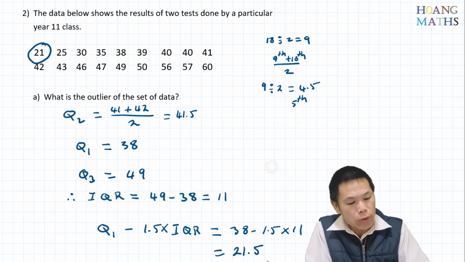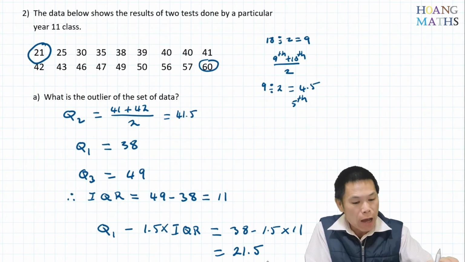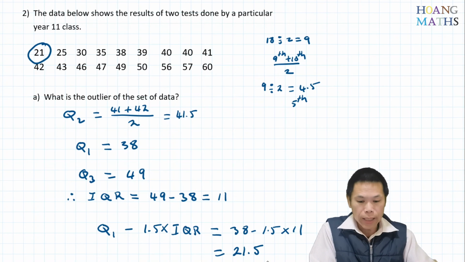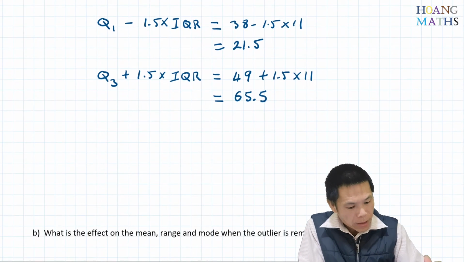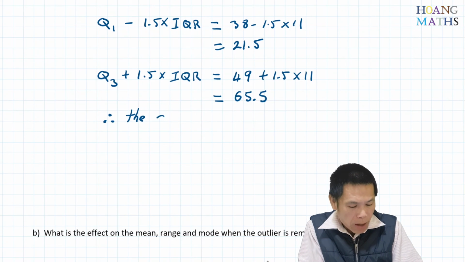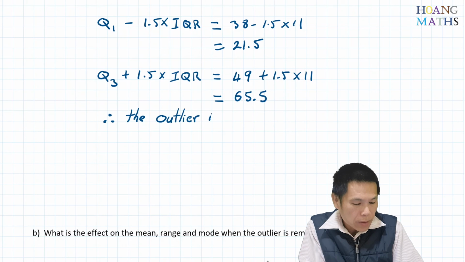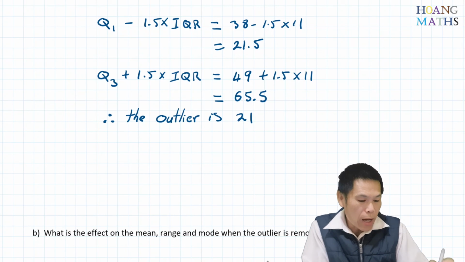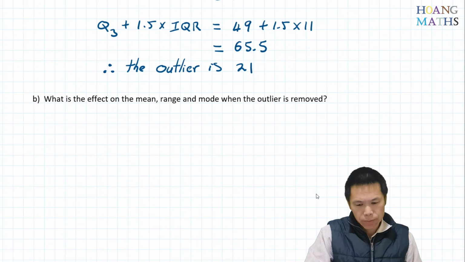Now the maximum score is 60, so there is no outlier on the upper end. Therefore, the outlier is 21. There you go.